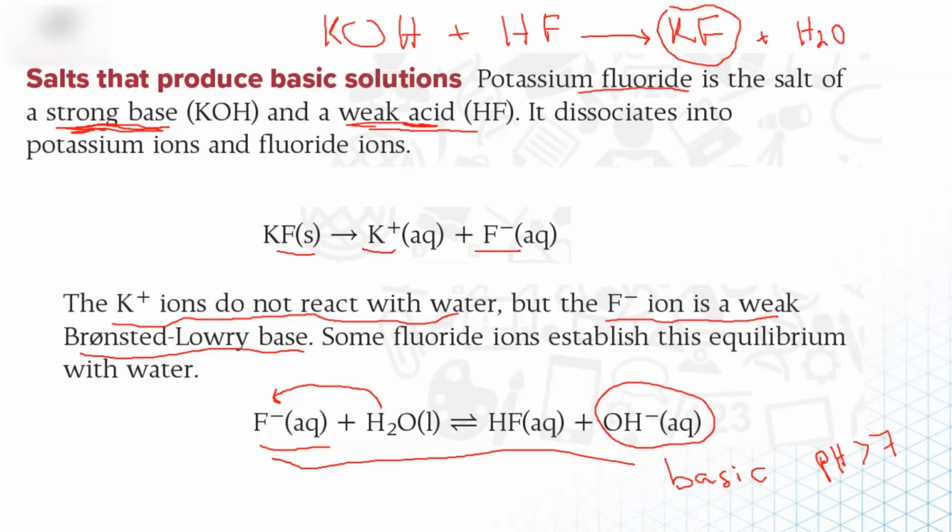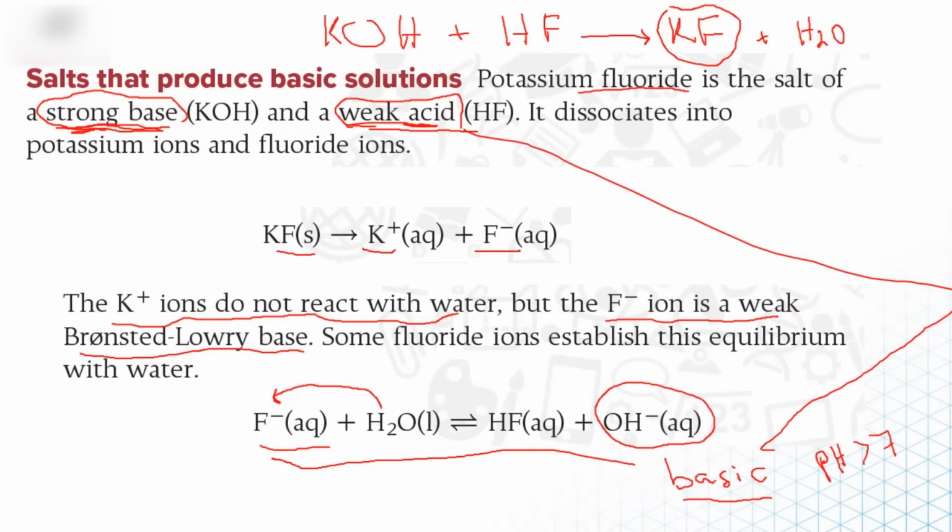So this process is called salt hydrolysis because the negative ion of KF reacted with water and it produced OH minus, which means that the solution is going to be basic. All right, so that happens when you have a strong base and a weak acid. Your solution is going to be basic.